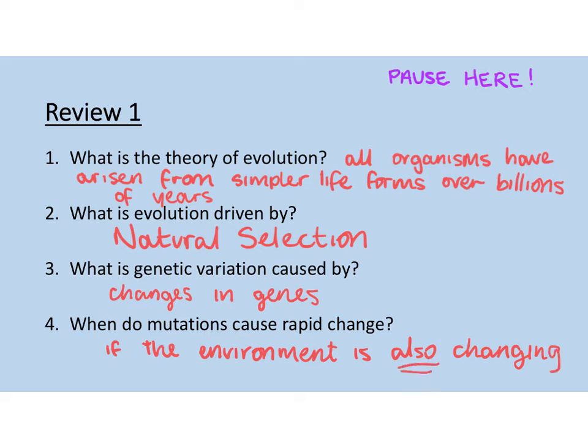Okay, so the word also here is really important because for it to cause rapid change, the genes have to change in the form of a mutation and the environment has to change as well. So it's the combination of the both that causes the rapid change. So give yourselves a mark out of 4 for that and we'll move on with the rest of the lesson.